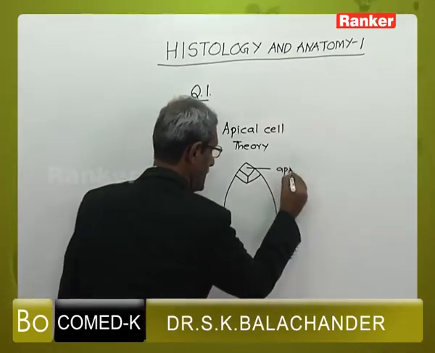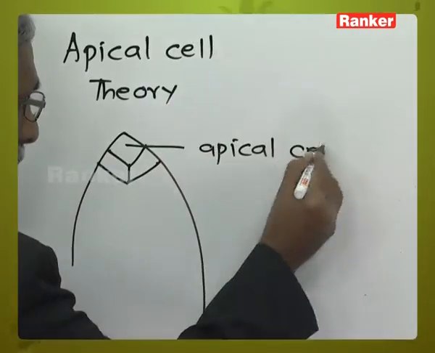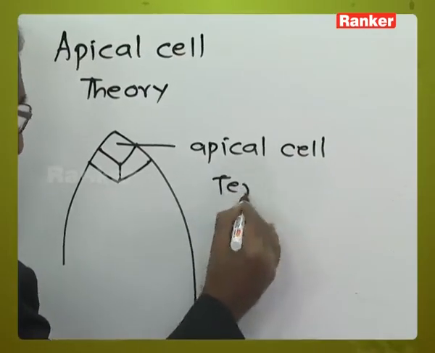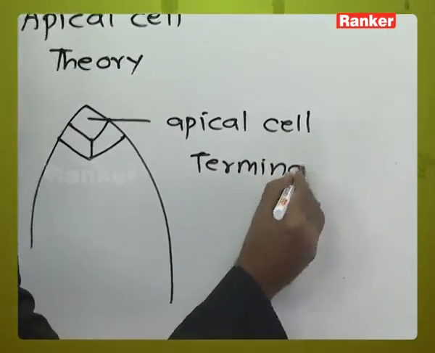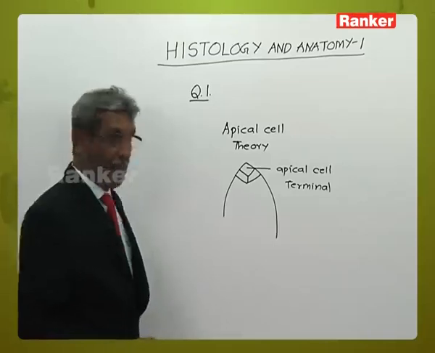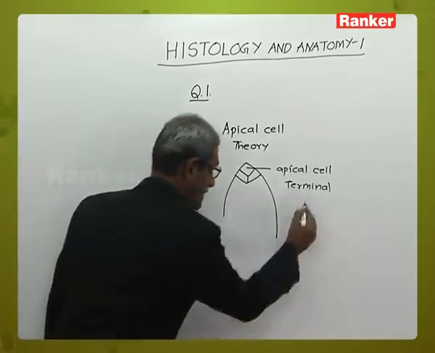So, the apical cell is terminal and it has derivatives.